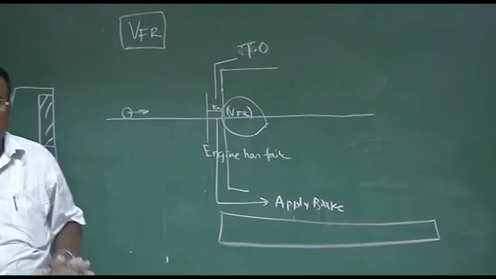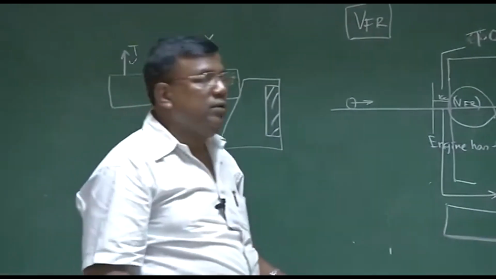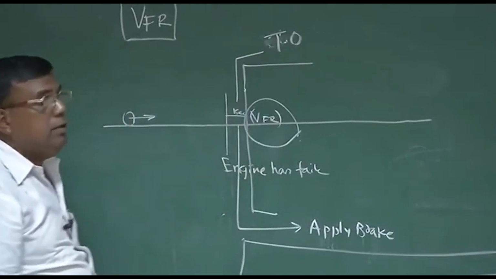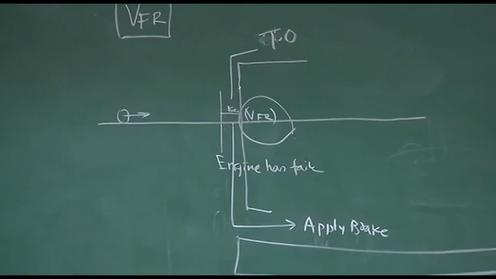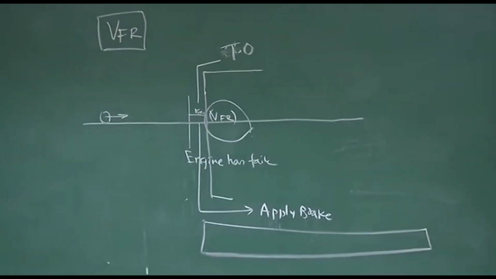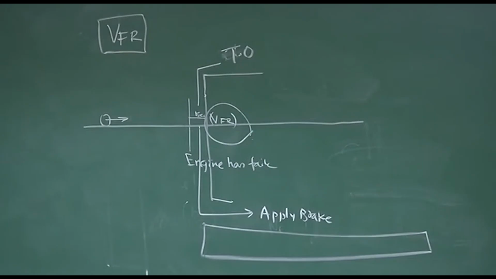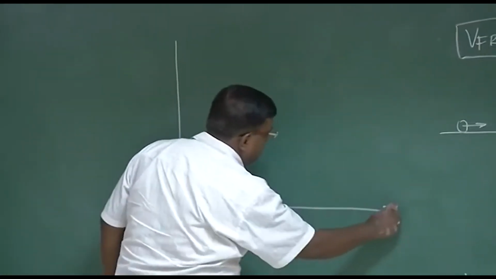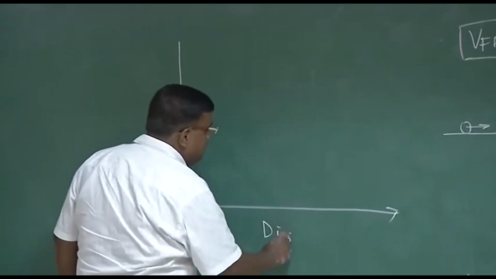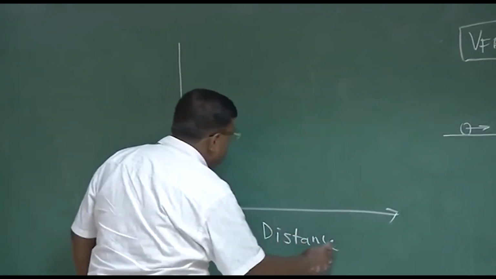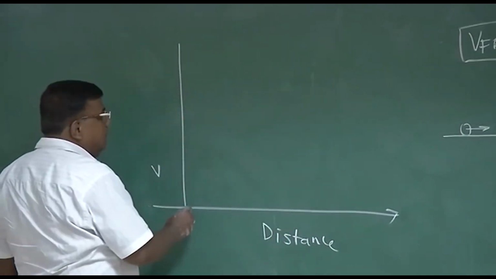This is the understanding. But how do I get this VFR? That very important speed reference, which is a guideline for the pilot to ensure whether he goes for a takeoff with a single engine or applies brake and stops. If we do a theoretical exercise, let's say this is distance and this is speed.